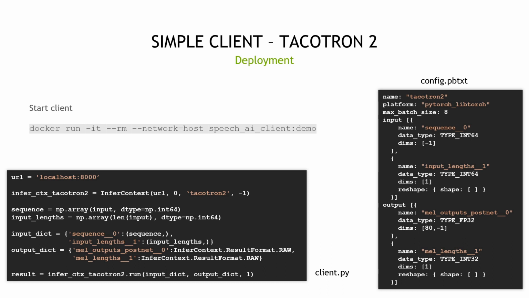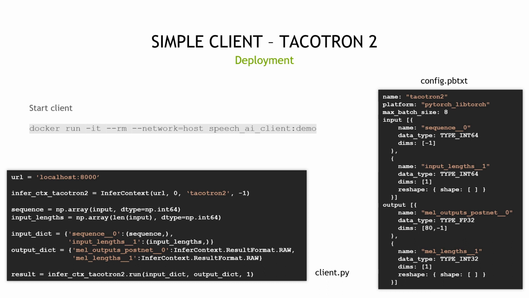On the left side, we have an example client. This is actually not taken from our conversational AI system, but more serves the purpose of demonstrating what happens in the client. We first load the inference context using the URL provided that connects the client to the server, and we provide the inputs to the model.